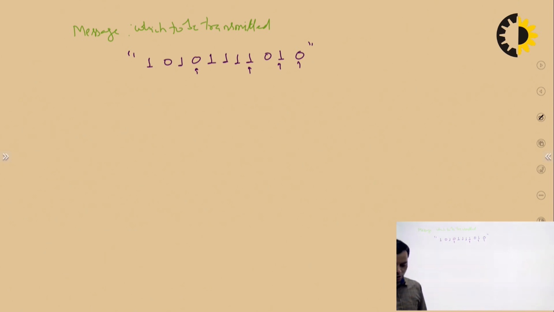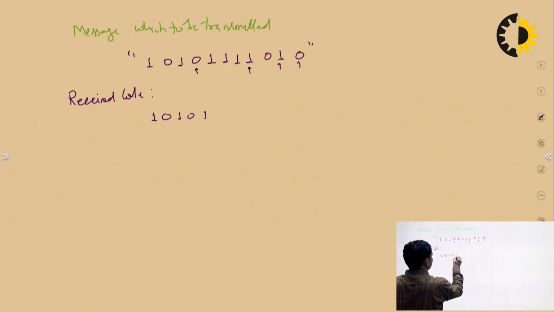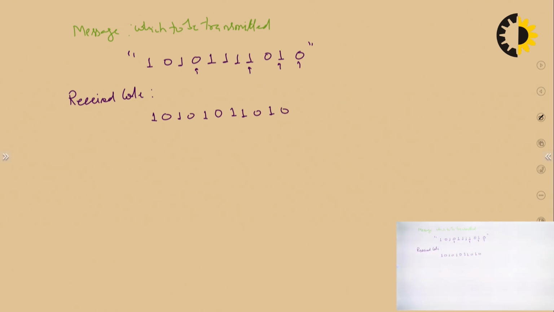Now this message should be transmitted. Let's say during the transmission, the received message code is, let's say, 1 0 1 0, then 1 0 1 1 0 1 0.